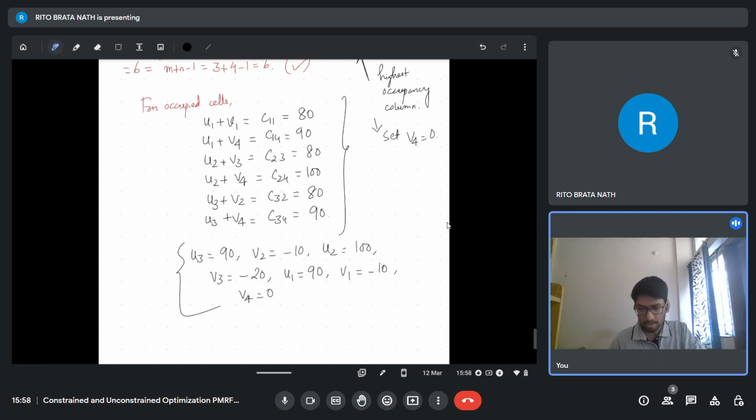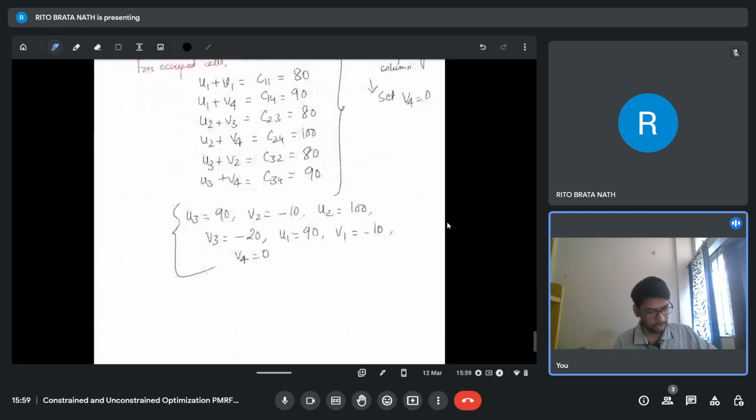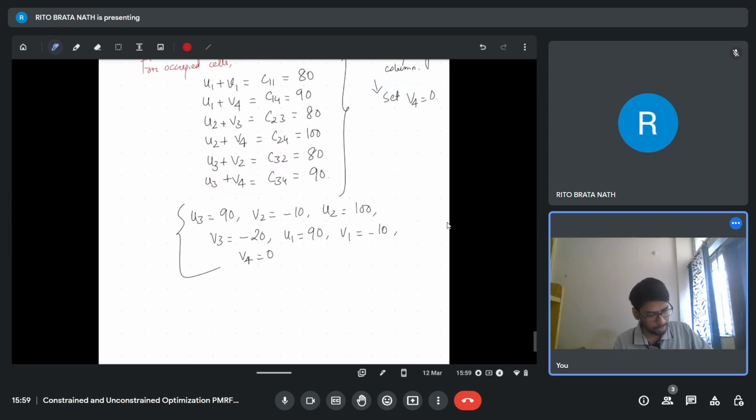Now for unoccupied cells, you have to check delta ij, which is Cij minus (Ui plus Vj).